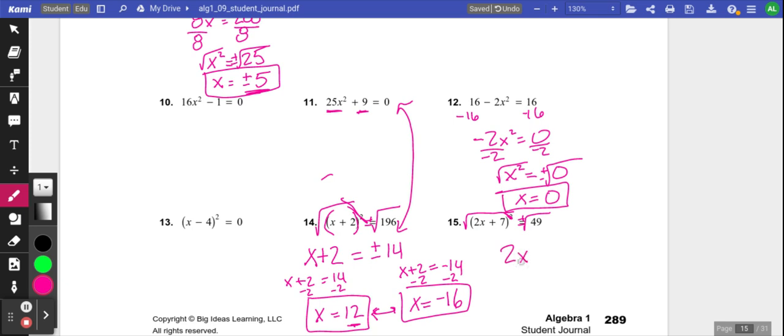I just get 2x plus 7. That's equal to plus or minus 7. Okay, so I'm going to change this into two different equations here. I've got 2x plus 7 equal to 7 and 2x plus 7 equal to negative 7.